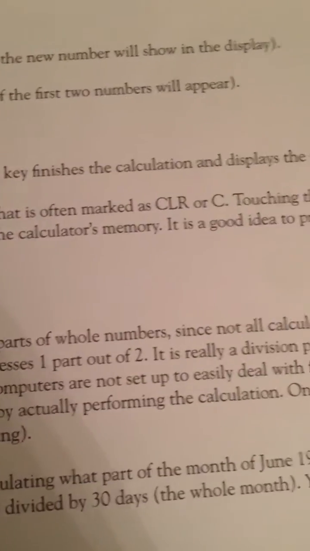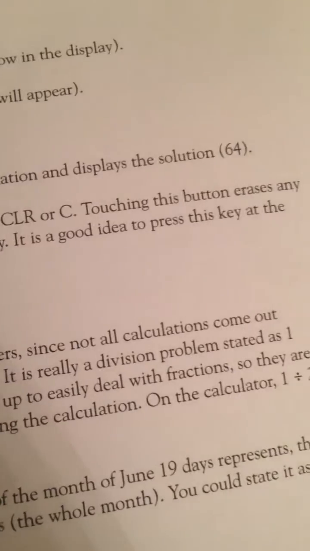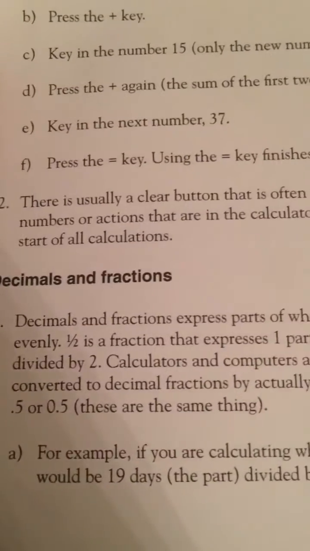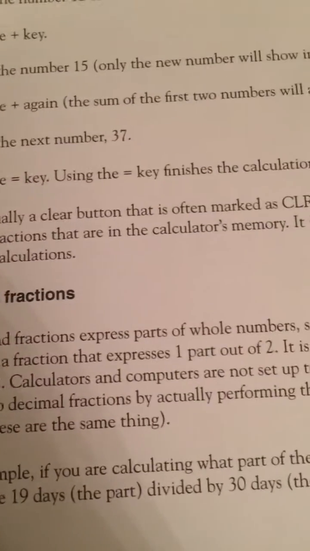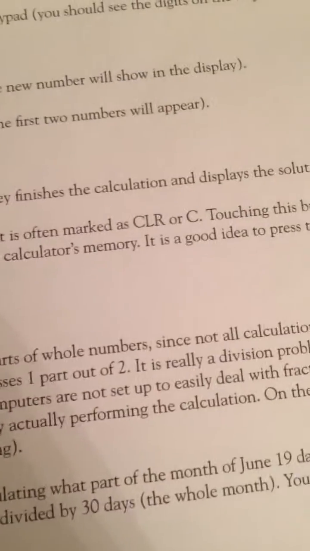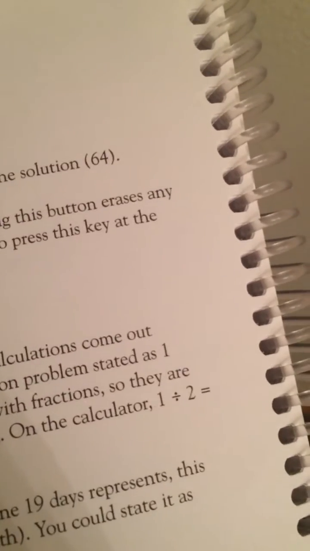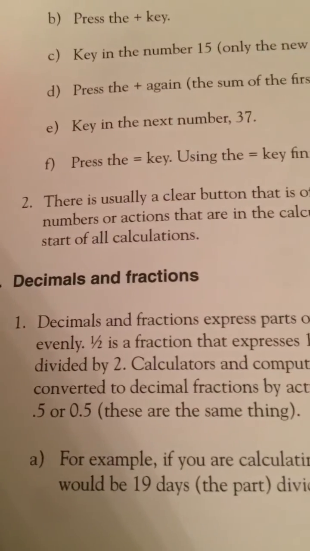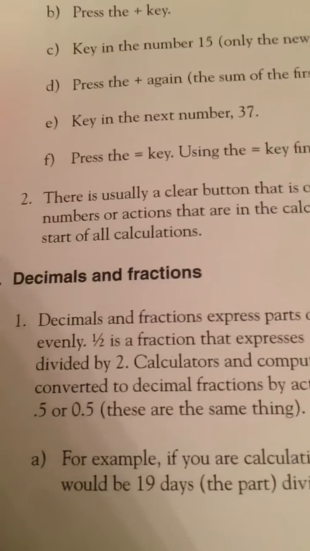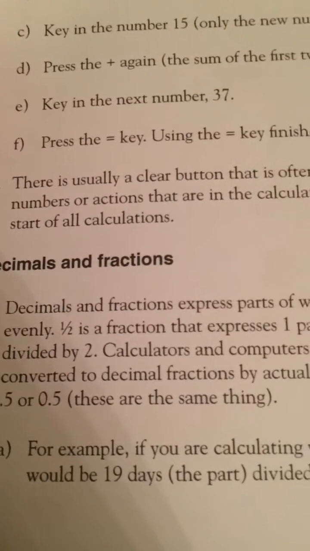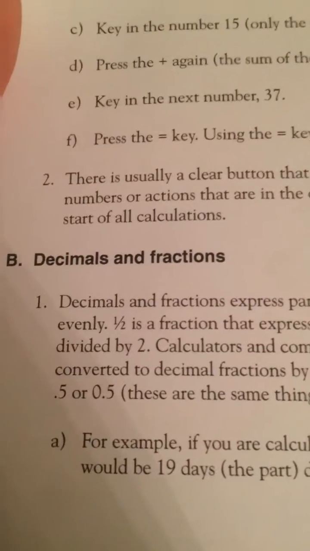Calculators and computers are not set up to easily deal with fractions, so they are converted to decimal fractions by actually performing the calculation. On the calculator, 1 divided by 2 equals 0.5 or .5. These are the same thing.